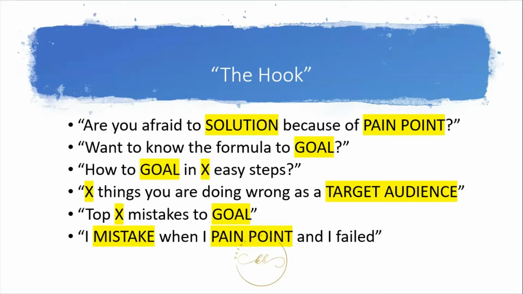Again, use your solution and talk about their pain point. Want to know the formula to goal? How to achieve blah, blah, blah in 3 easy steps. Or 5 things you're doing wrong as a blah, blah, blah. Top 5 mistakes to achieving blah, blah, blah.